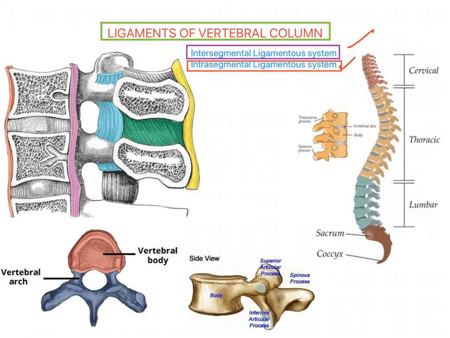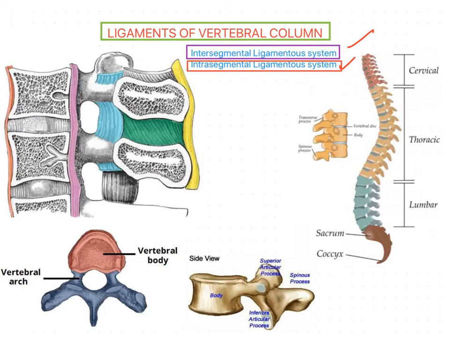Here the segment is the mobile segment. What do we mean by mobile segment? A pair of vertebrae with the intervertebral disc forms the segment. That means the two vertebrae with the intervertebral disc in between form the mobile segment. Within the mobile segment, some of the ligaments are attached. Such ligaments come under the intrasegmental ligamentous system.